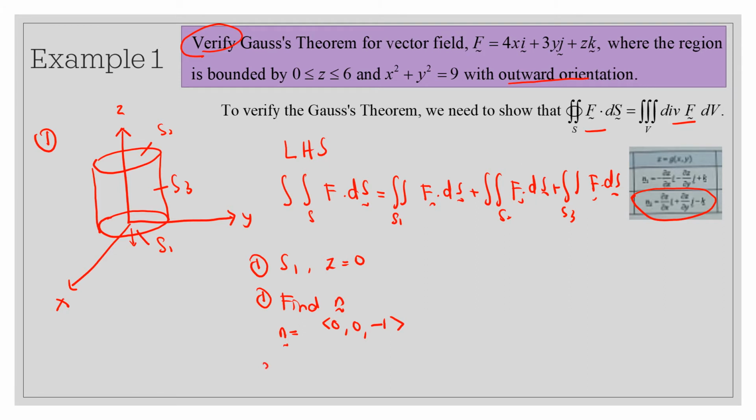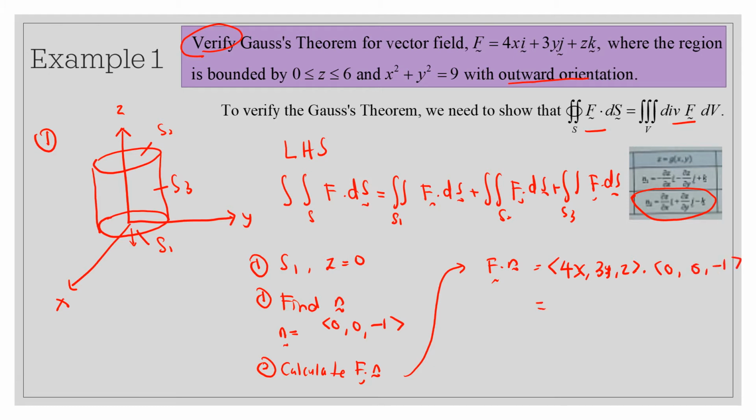Okay. Step number 2, you need to calculate F dot n. Okay, F dot n, F is 4x, 3y, z dot n, here n is 0, 0, negative 1.